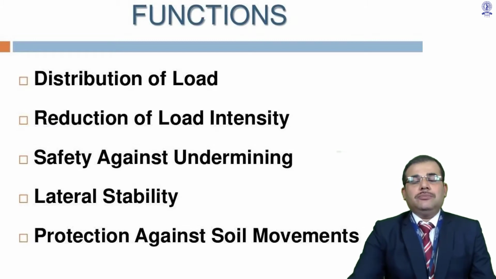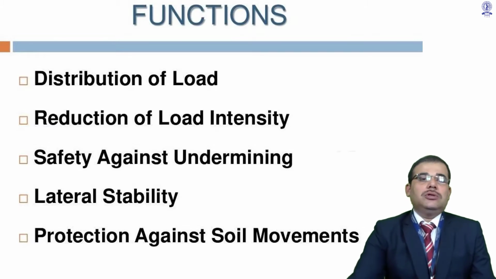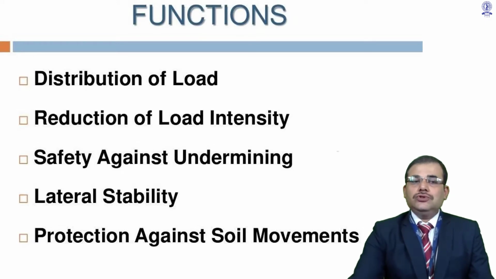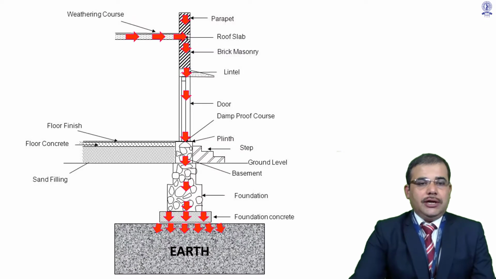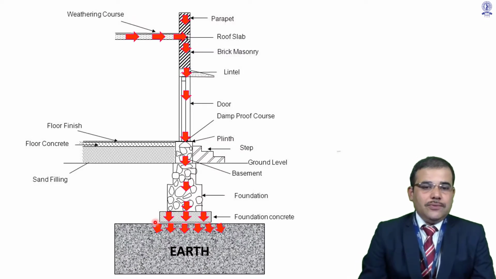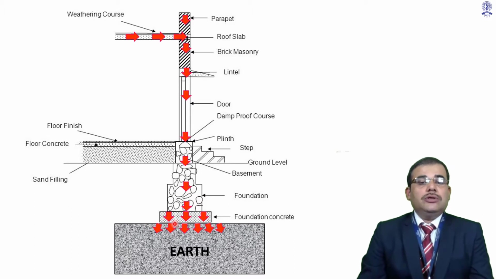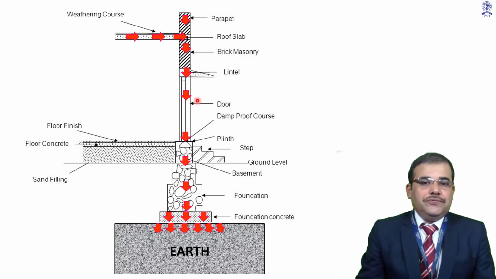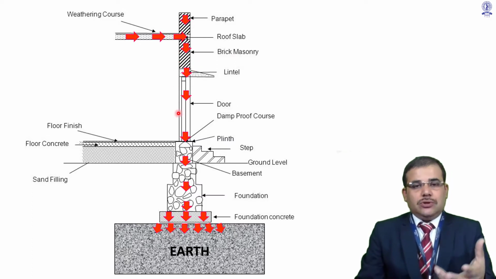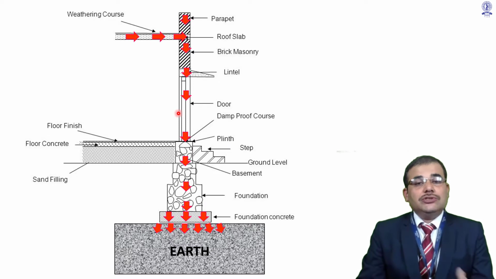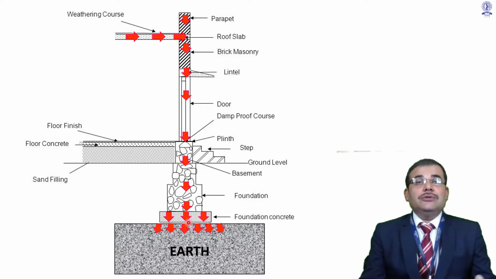An important function, an important role, is to distribute the load. As shown in the earlier diagram, the more area available, the more the load is distributed over the larger area. If you observe the wall thickness, here it may be 9 inches or maybe 25 inches, but the wall footing is comparatively broader.